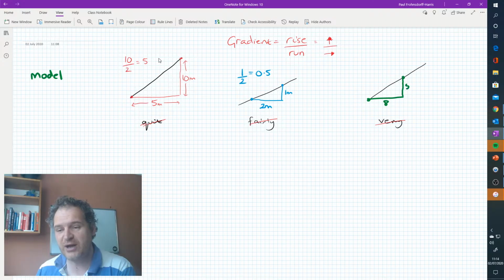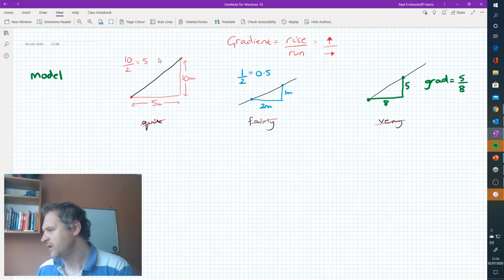So actually I've not done any guesswork here, I've literally just counted squares. Then the gradient would be, and I keep calling it grad or G, but it's just short for gradient, which is how steep the line is going to be, how far up divided by how far across. So it'd be 5/8.